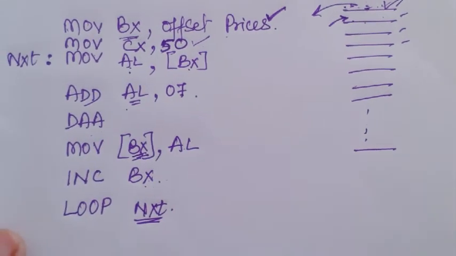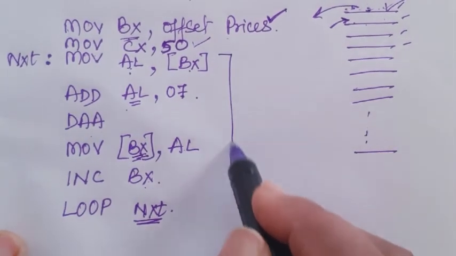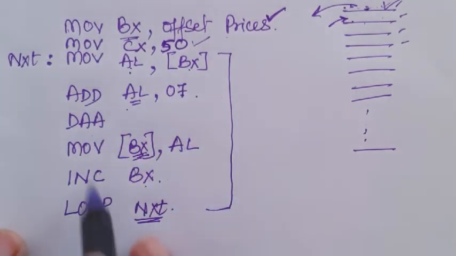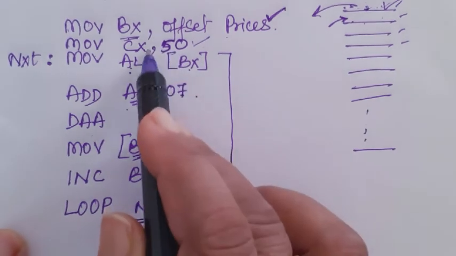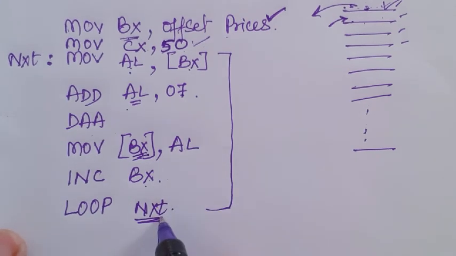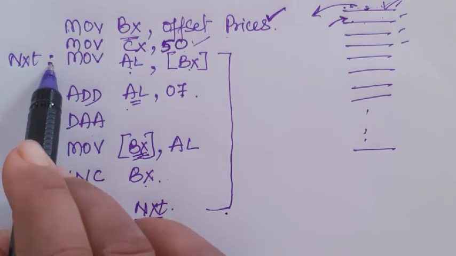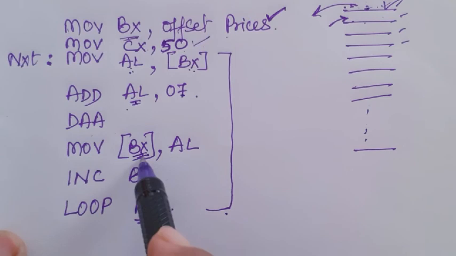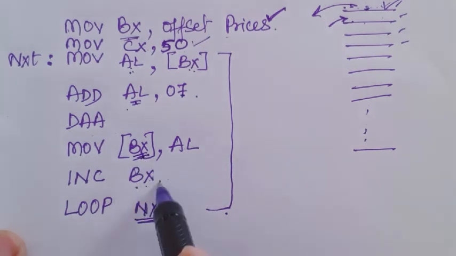These instructions are repeatedly executed how many number of times? Till CX becomes 0. Each time the loop is executed, CX is decremented by 1. If it is not equal to 0, the execution is transferred again to next. Read the next element, add 7, place the result in the same location, then increment the pointer register by 1.